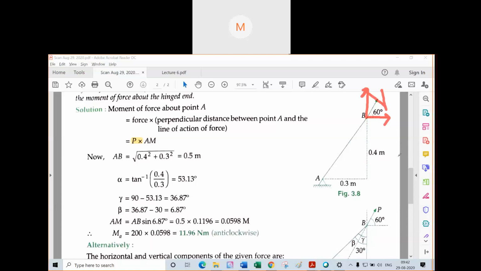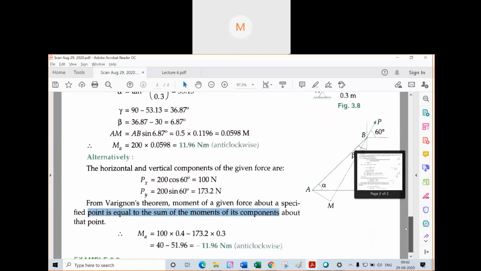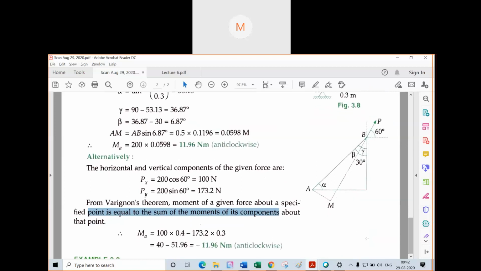Now if you find out this one, here cos theta is fine, but sin theta is going out, no? So if it is considered to be minus, the sin theta component is considered to be minus. So that is why we got this answer.